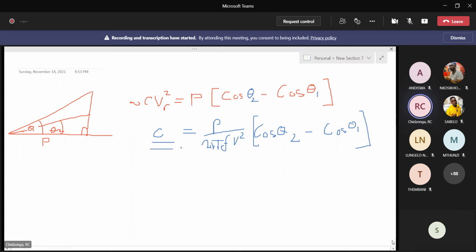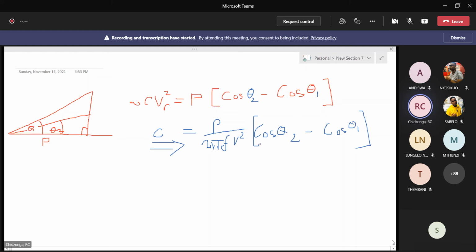My friend, they're asking how many marks. In a test or in an exam, the situation can be changed around, you see. Here you are looking for C. There is nothing that stops anybody, if they want to test you, from giving you some other parameter and maybe not looking for C, but for theta 2. It means you will have to solve this whole equation to find theta 2.